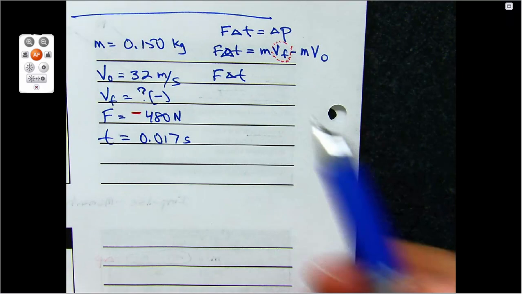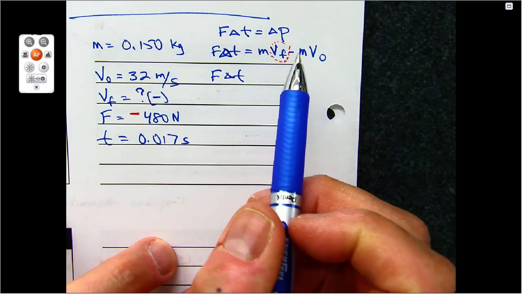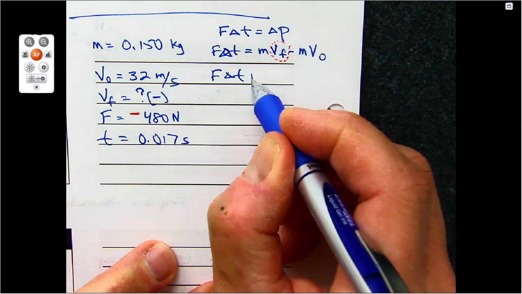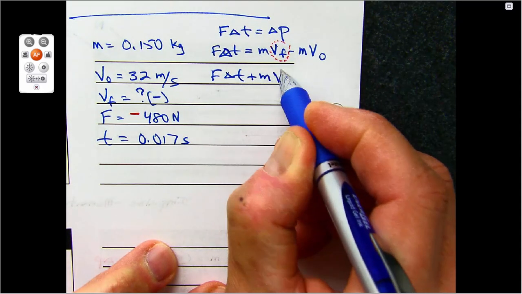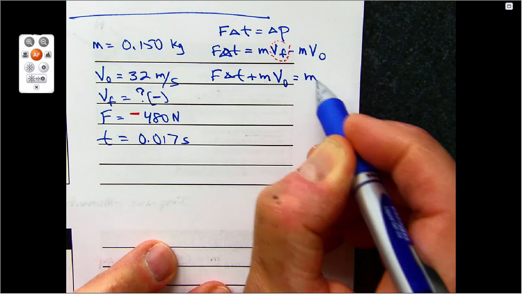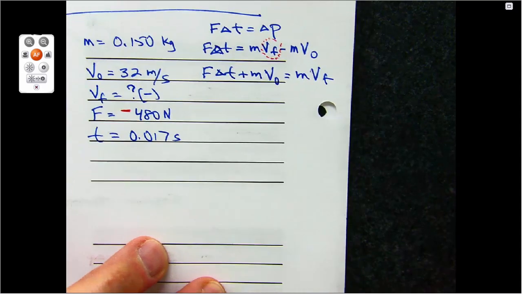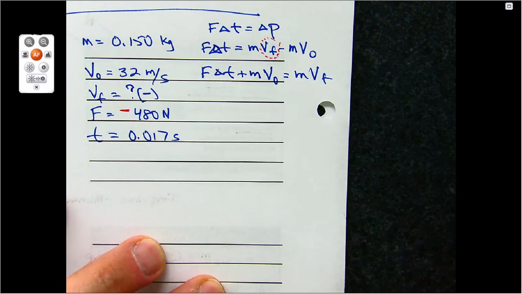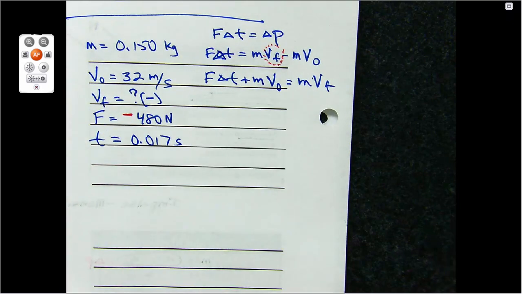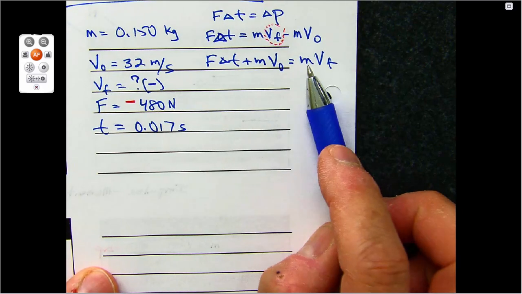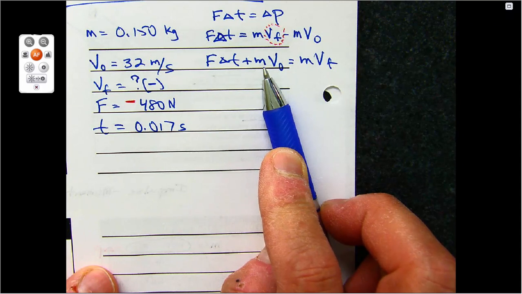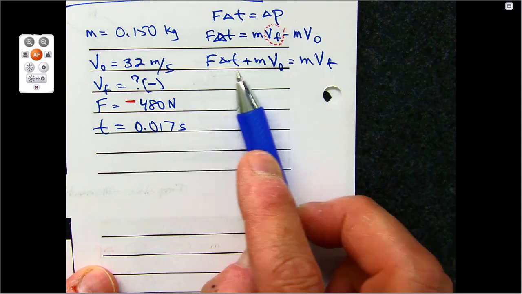If we solve this for V final, I'm going to bring my minus mass V initial to the other side and make it positive, and I'm going to divide everything by mass. Now, another student asked me a lot, why don't the masses cancel out? Well, if I divide these individually by mass, this mass here would cancel out, and we would just put it under here.